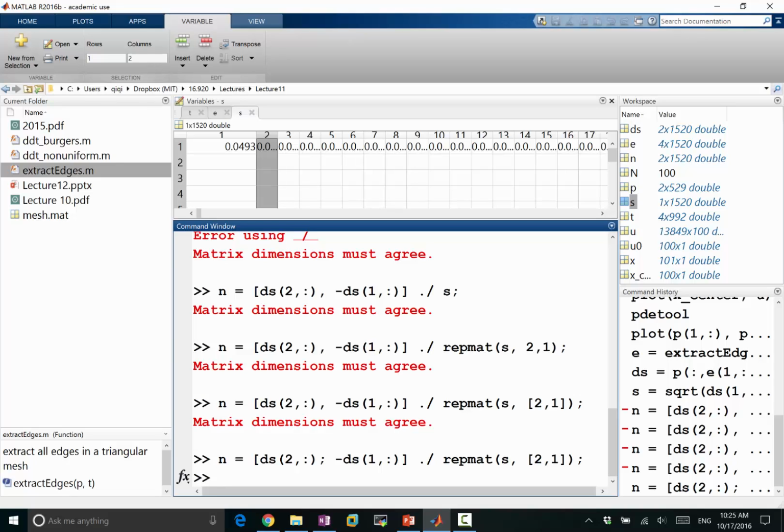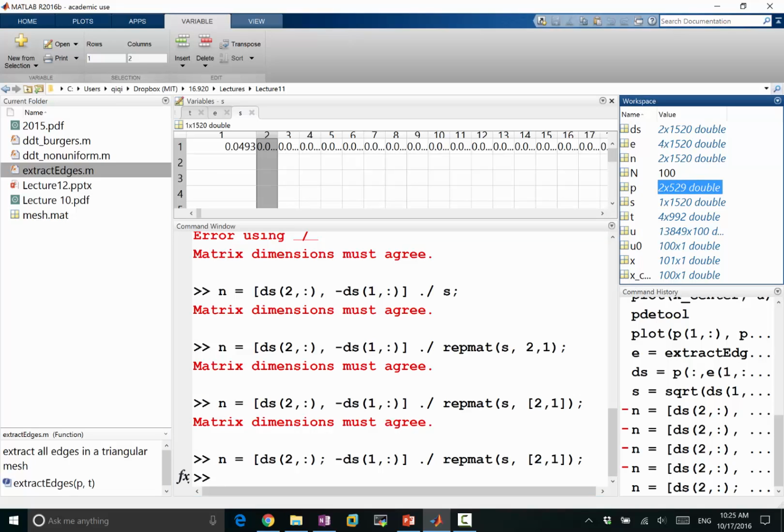Any other questions? The number of points is 529, so the number of edges should be 529 choose 2, or something less than that? No, because every point can share many edges.